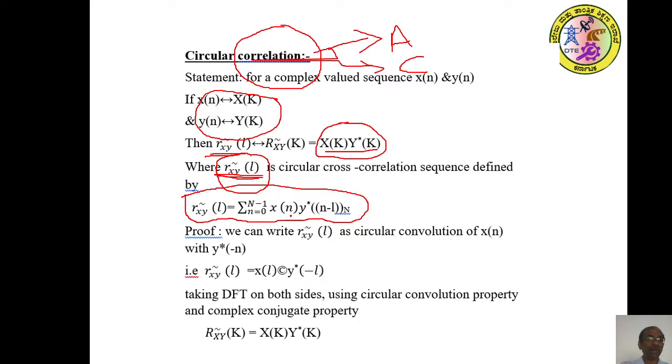But careful observation of this formula tells that performing autocorrelation or cross correlation is equivalent to convolving the first signal x of L with the folded and complex conjugate of the second signal.